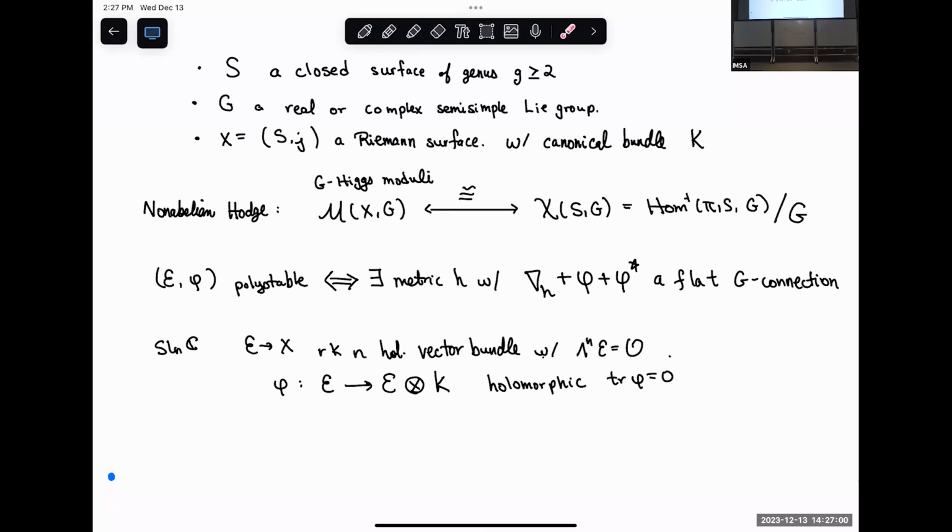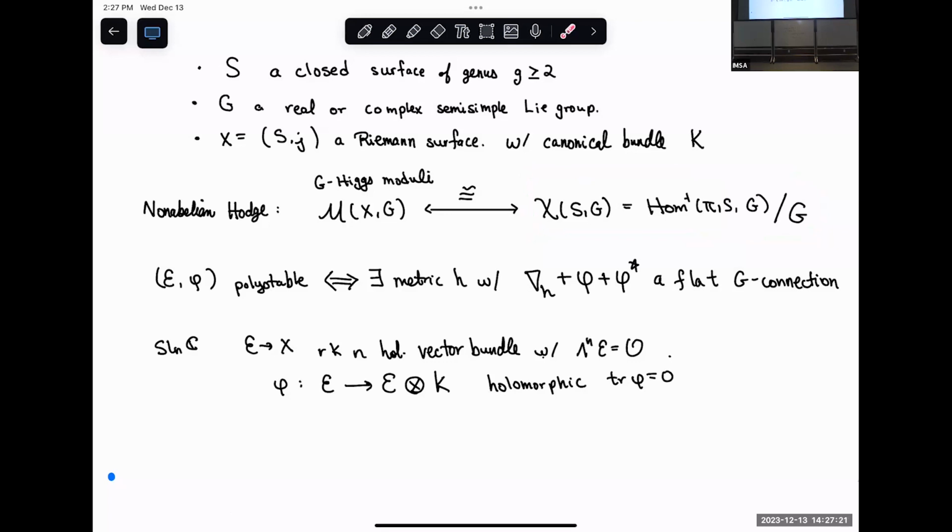For the beginning of the talk, it'll be complex, and then we'll focus on a specific real form of type A. And so the non-abelian Hodge correspondence connects this moduli space of Higgs bundles and the character variety of representations of the fundamental group of the surface into G up to conjugation.